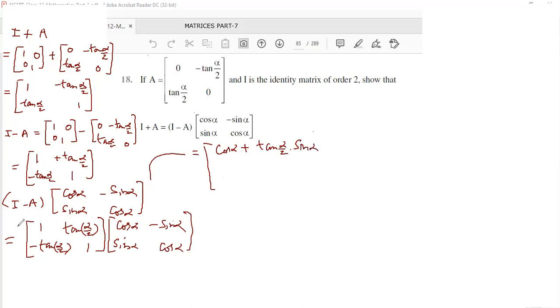Now first row, second column: 1 into minus sin alpha, minus sin alpha plus tan(alpha/2) multiplied with cos alpha.